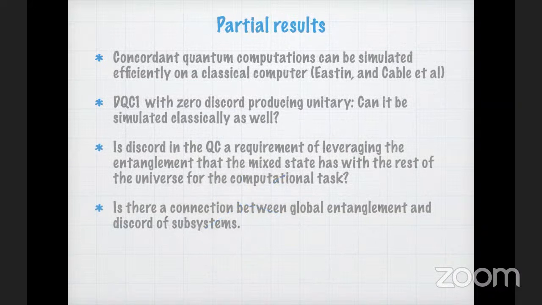So if you take this reverse point of view and come back at the problem of what are the resources that are relevant for a mixed state quantum computation, then we see that one is able to show a few partial results.